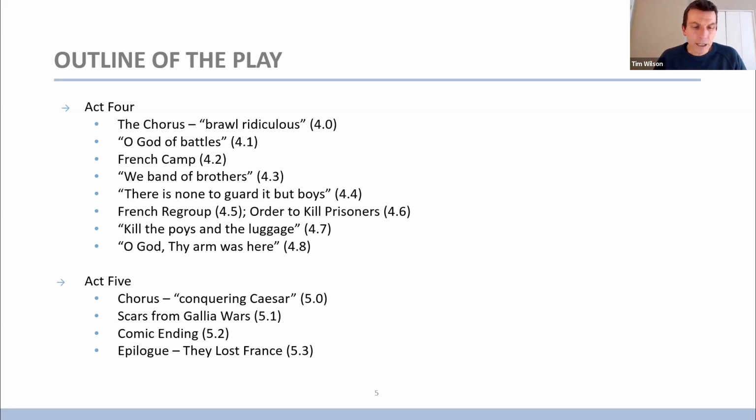triumphing Caesar. And in Act 5, Scene 1, we see Pistol, after an exchange with Fluellen and others, left alone. He says he's heard that his Nell, so remember he was married to Nell Quickly, has died of pox in a hospital, and that he has nothing now. So his friends have died. Bardolph's died.